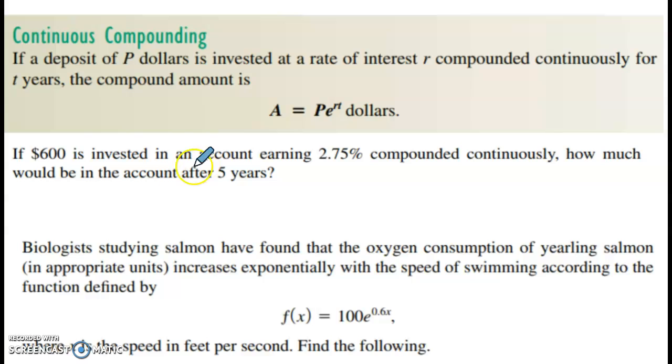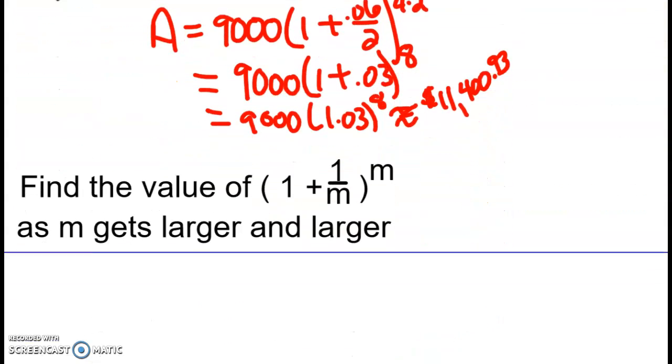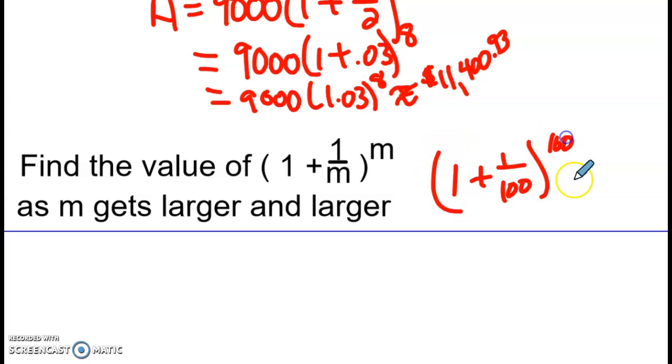When we're compounding continuously, that formula changes and there's this E value here. I want to show you where that E came from. In your calculator, let M get bigger and bigger. See what you get when you have 1 plus 1 over 100, to the 100th.